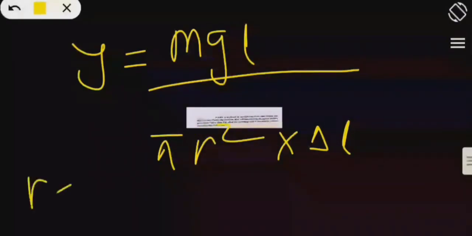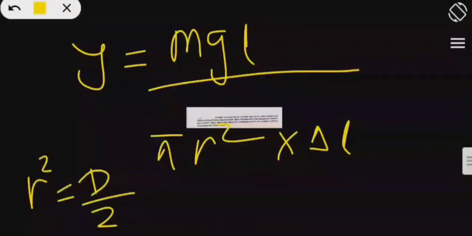Radius. Radius is nothing but diameter by 2. So what is r square? d by 2's whole square. So here in the r I will replace it with d by 2. All of you write it first.